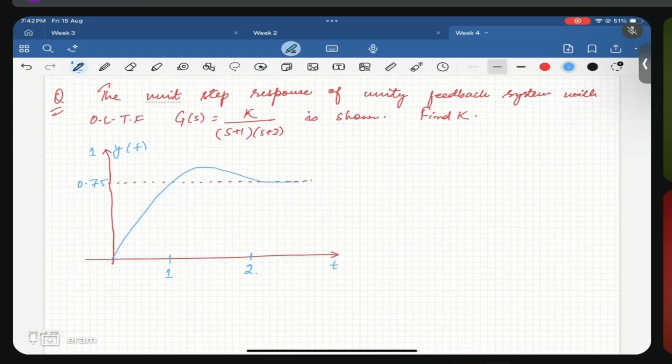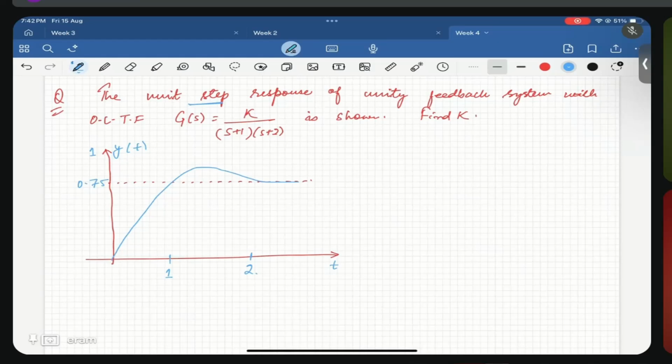How to calculate? So you are providing a step input, right? So the system should track the value 1.